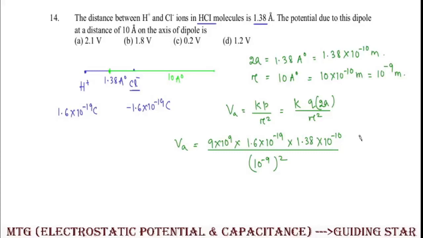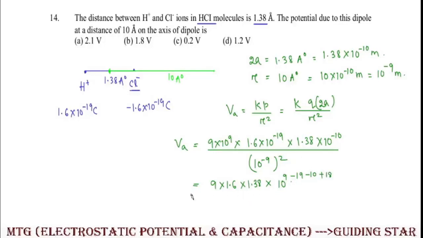Okay. So if we do the calculation, how much will we be getting? It will be 9 into 1.6 into 1.38 whole into 10 to the power 9 minus 19 minus 10, and here it is 10 to the power minus 9 whole square, so its power is minus 18, and if it goes up it will be plus 18.